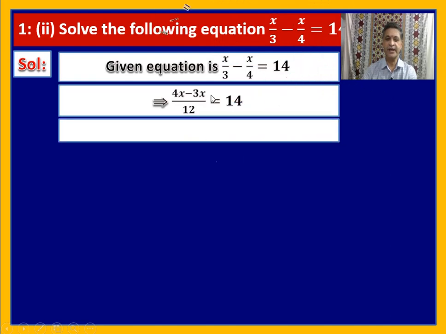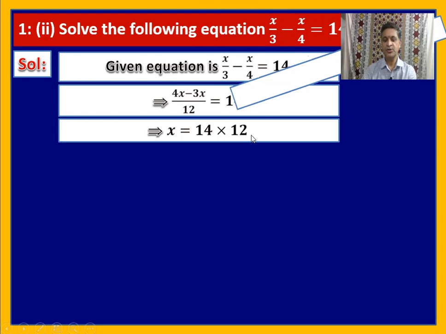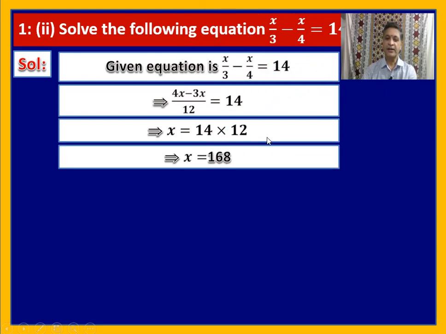So 4x minus 3x, that is x by 12, is equal to 14, and x is equal to 12 into 14. Send this 12 to the right side. 12 into 14. So x is equal to 168. This is the second Roman.